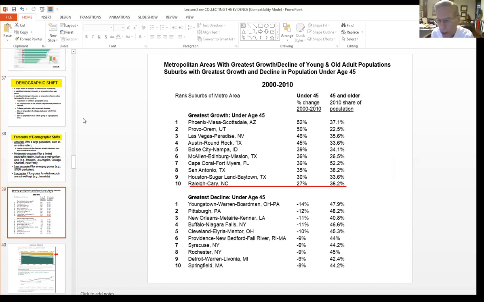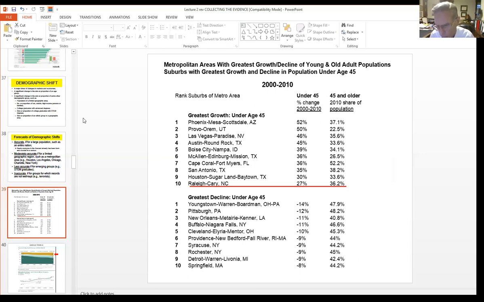Why is that? Well, the folks 45 and older in the Sun Belt are already there, and more are moving in, but the proportion relative to the total population just is not as great, because there are so many more young people who are coming into the area to seek employment.